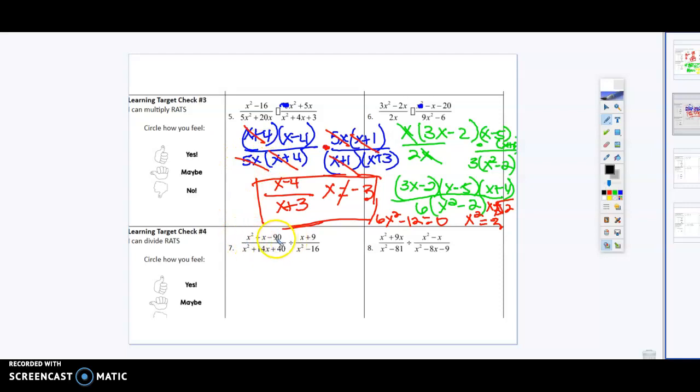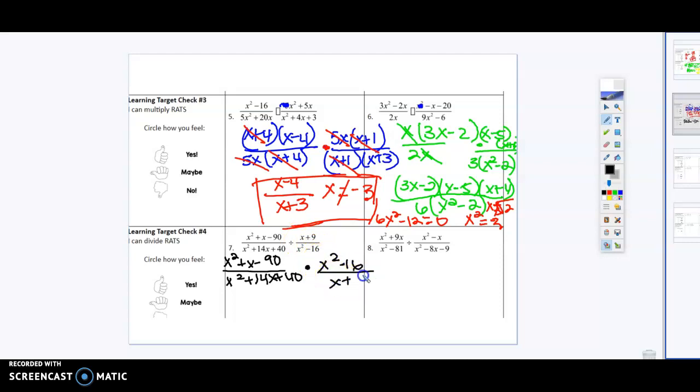So, for instance, if I keep, change, flip over here, I'm going to get x squared plus x minus 90 all over x squared plus 14x plus 40. I'm going to change that sign to multiplication. And then I'm going to flip what's on the denominator.